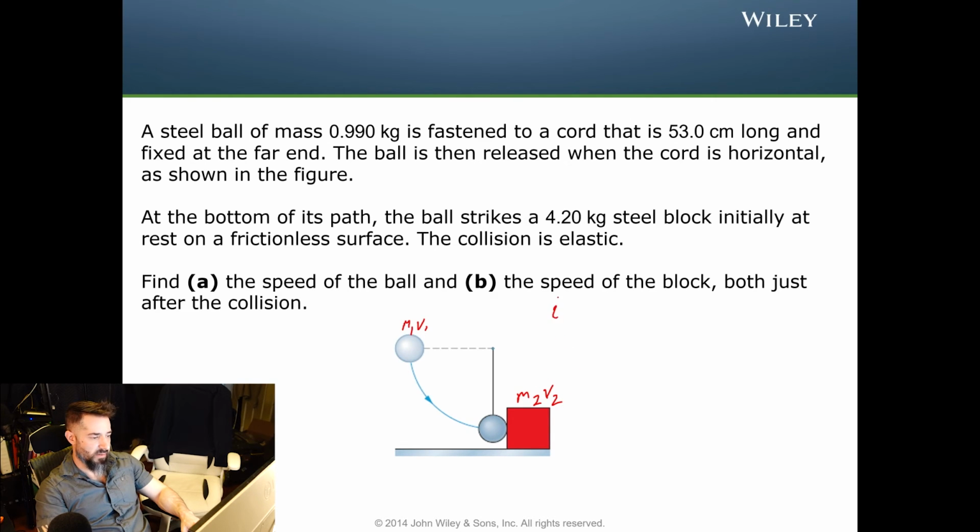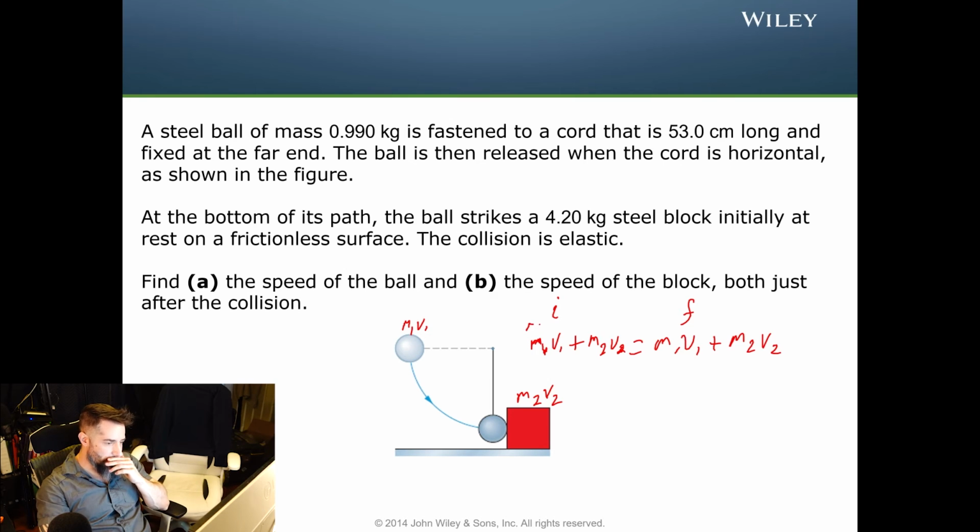So when you go to write this out as initial and final, you're going to have m1 v1 plus m2 v2 equals the same thing, m1 v1 plus m2 v2. I don't want to write the subscripts because it's hard to write with this, but you have initial and final.